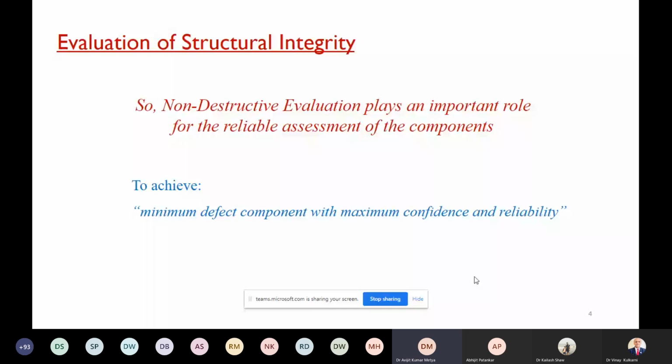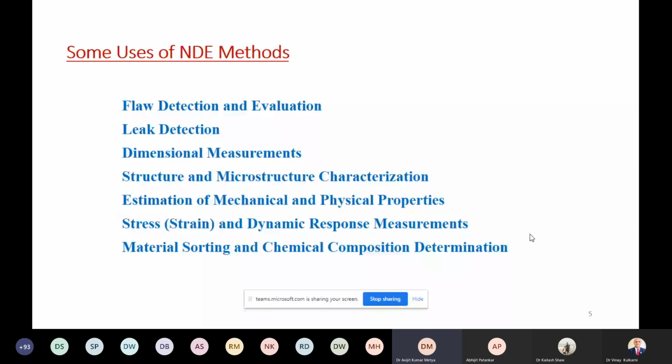Here are some uses of the NDT methods. Flaw detection and evaluation in a component, leak detection in a pressurized component or pressure vessel, dimensional measurements, measurement of cracks within a material, structural and microstructural characterization, how the internal microstructure is, estimation of mechanical and physical properties, elastic modulus, stiffness, density, everything can be done using NDT methods.